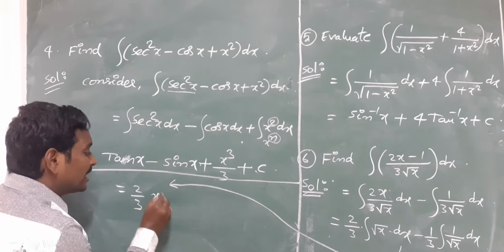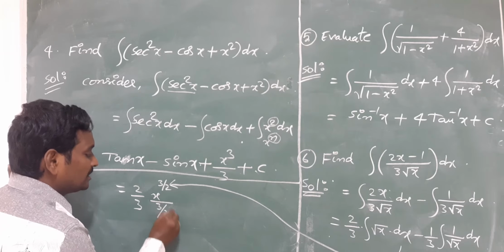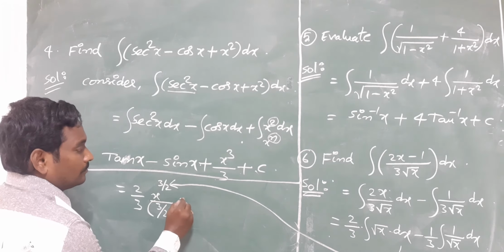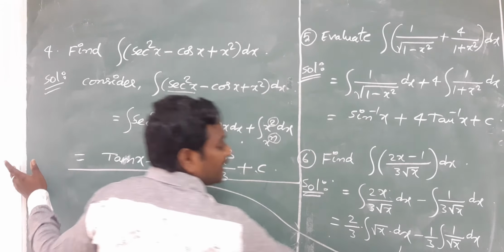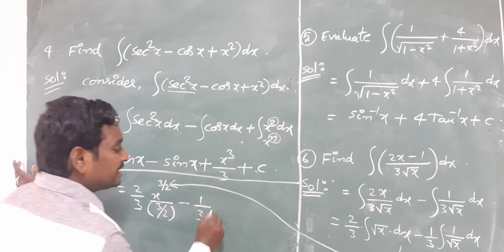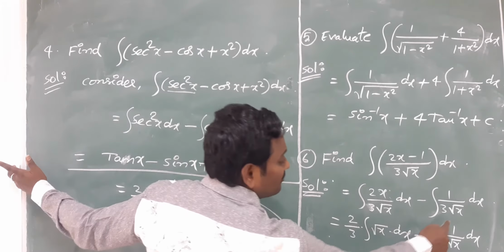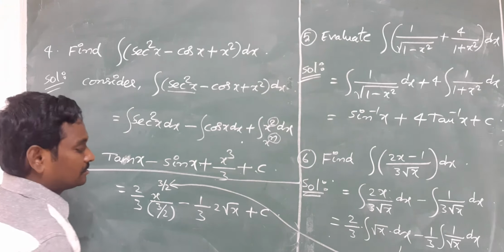That's why you will get x power 3 by 2 by 3 by 2, minus 1 by 3 into, here we have 1 by root x. What is integral 1 by root x? Directly it is 2 root x. In the previous set of problems we saw that integration of 1 by root x is 2 root x. Integration is complete, plus c.